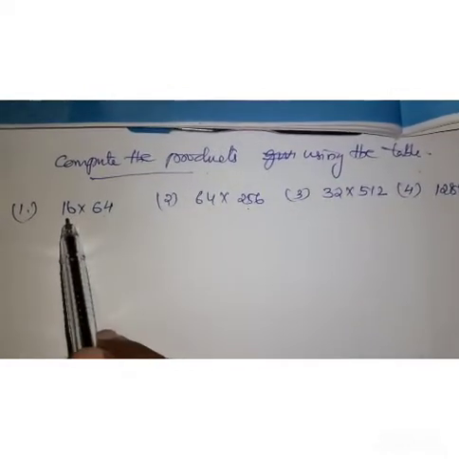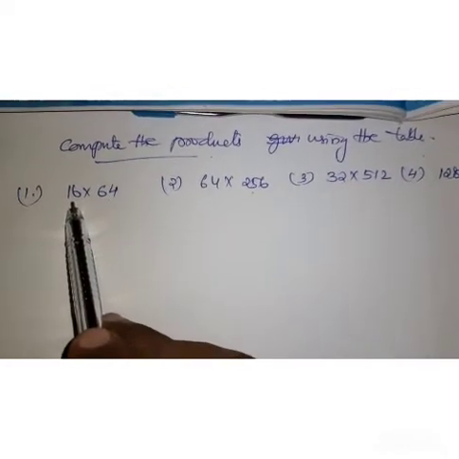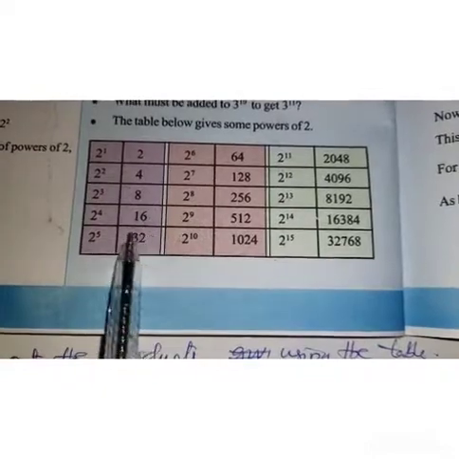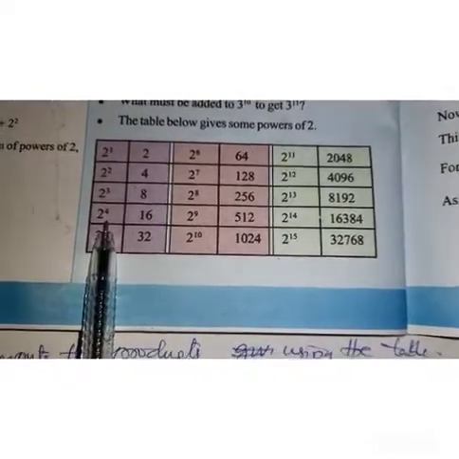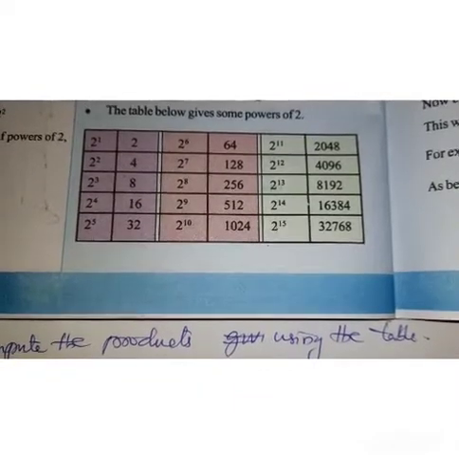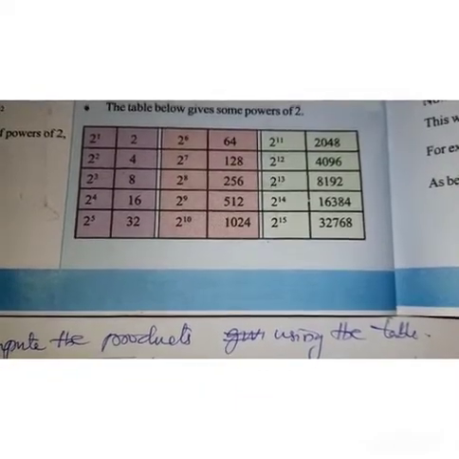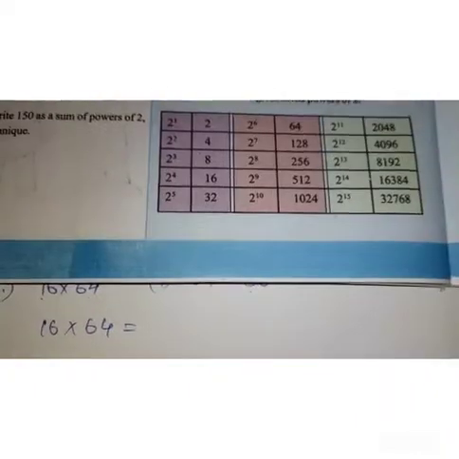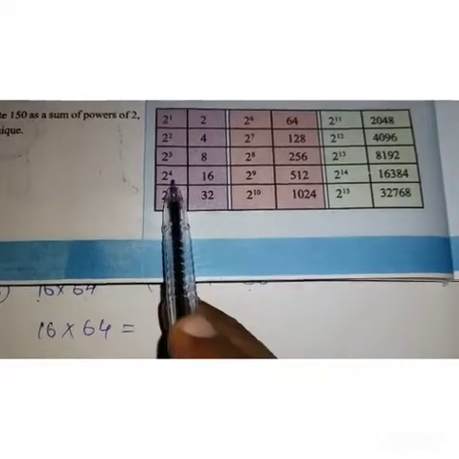So 16 is a power of 2. Which power of 2 is 16? Use the table to find out which is the power. 2 raised to 4. So first question, 16 into 64. Instead of 16, what do we have to write? Instead of 16, we have to write 2 raised to 4.